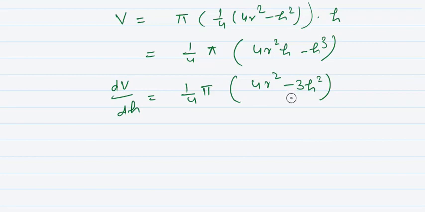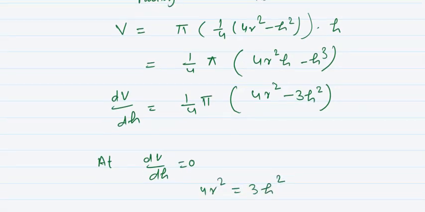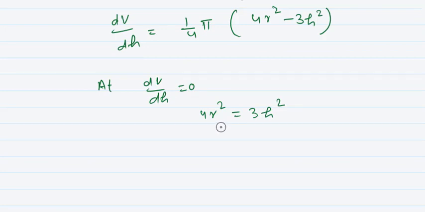No, simplifying is not possible, so directly we put dv by dh equal to 0. What we are getting? 4r square is equal to 3h square. What will we find out, h or r? Yes, h, because r is already constant, already given. So h square is equal to 4r square upon 3, which gives you h as 2 upon root 3 r.